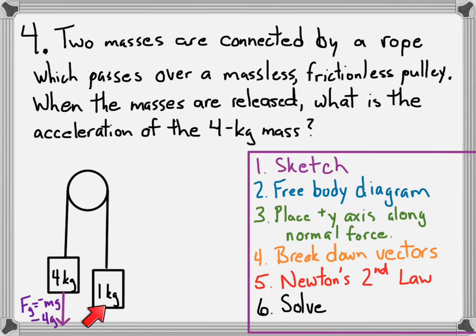And this one is being pulled down by -1 times g. The other thing that I want to draw on my sketch is which direction each mass will accelerate in. If I imagine releasing these masses, the heavier mass will win. So this will be the one that accelerates downward, that's the heavier mass. And this one will accelerate upward because it is the lighter mass.